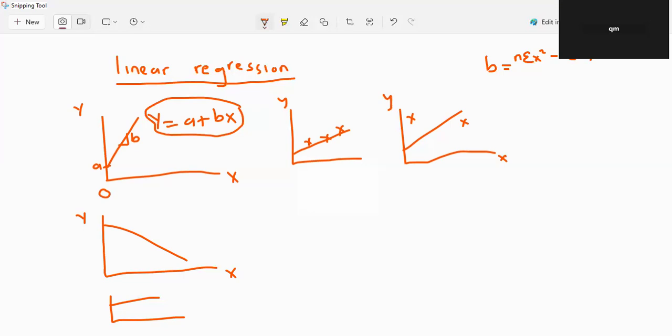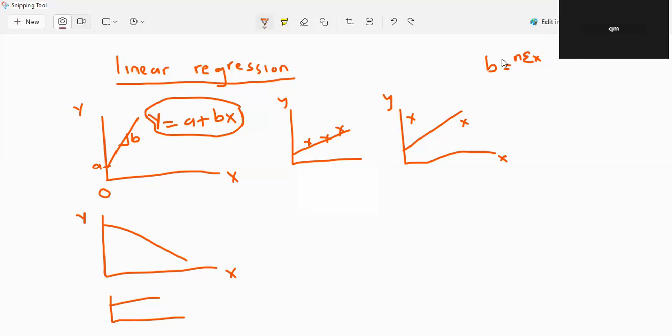The formula for the gradient b is given as follows: n summation of xy minus summation of x summation of y, over n summation of x squared minus summation of x squared. These formulas will be given, so don't worry about them. On top we have the n, which is the sample size.